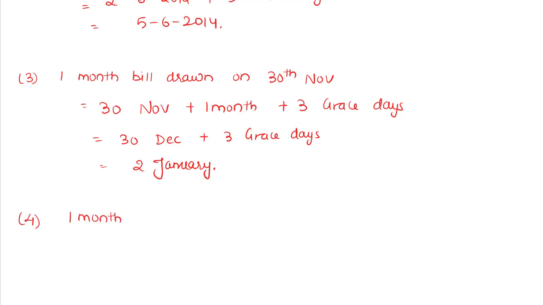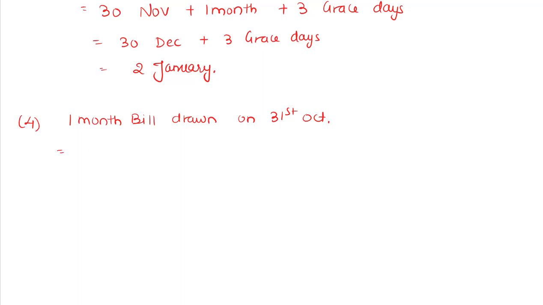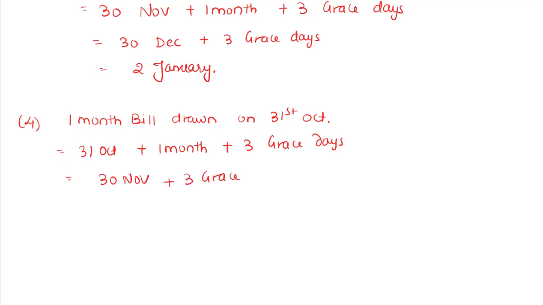Next, a 1 month bill drawn on 31st October. So 31st October plus 1 month plus 3 grace days. There is no date called 31st November, so it would be 30th November, the last day of the month, plus 3 grace days, 3rd December.